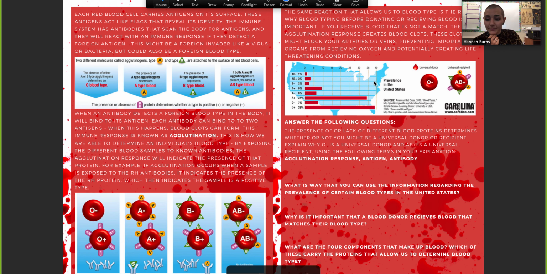So this question here: the presence or lack of different blood proteins determines whether or not you might be a universal donor or recipient. Explain why O negative is a universal donor and AB is a universal recipient using the following terms: agglutination response, antigen, and antibody. So O negative is awesome because it doesn't have any proteins on the surface of the cell, which means that there's nothing for my antibodies to react to.